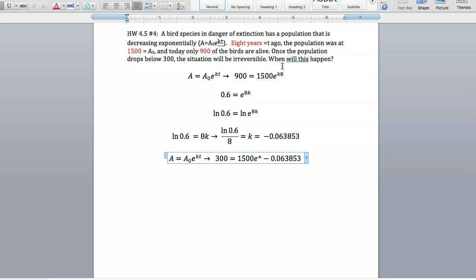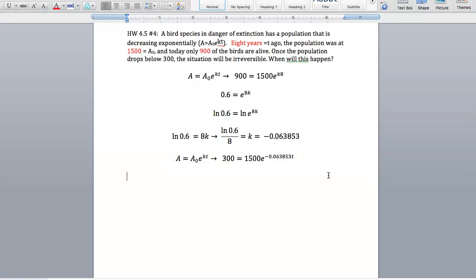So this time I'm looking for time, and once I find a value for t, this time I'll be done. I do not want to have to type that again, so I'm going to copy it so I can paste it later. The process we're going to use is really the same process we used up here the last time. We're just solving for t this time instead of k.